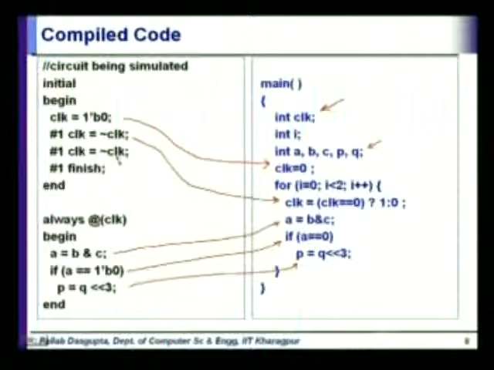Now see, here the major challenge was to parse this code and come up with this line which says that for I equal to 0, I less than 2, I plus plus. So it knows that this loop is going to execute 2 times. But the difference with the previous one is that this can now be directly compiled on any machine which supports a C compiler and executed.